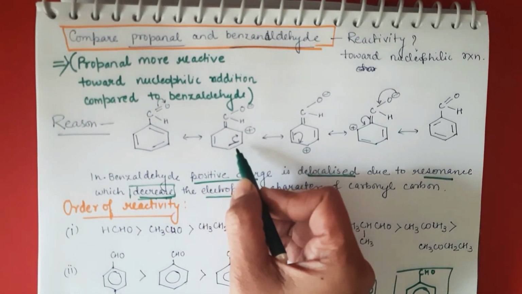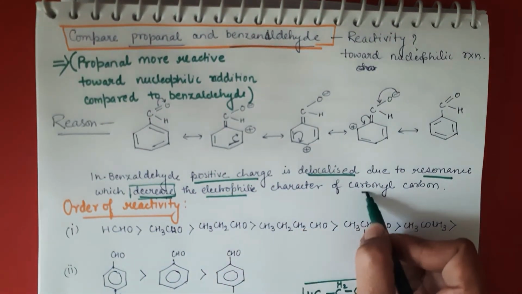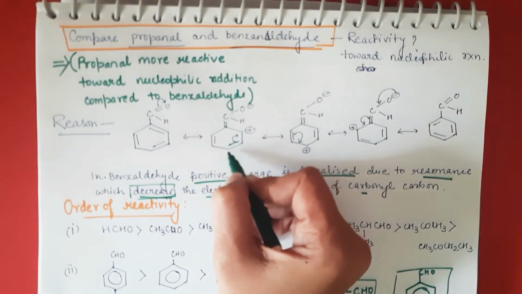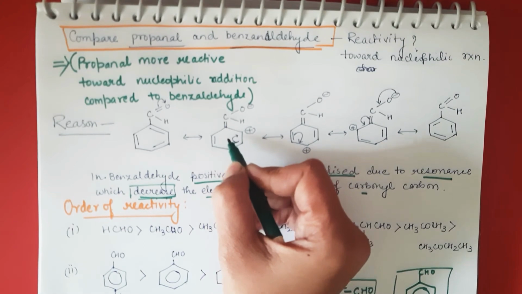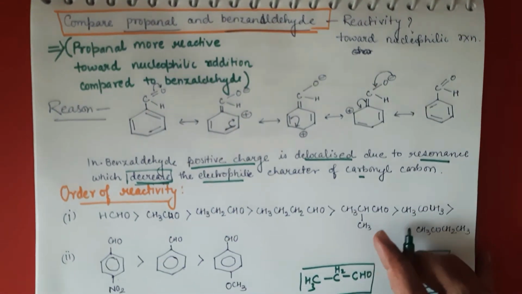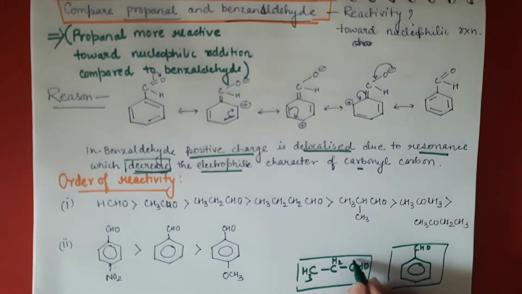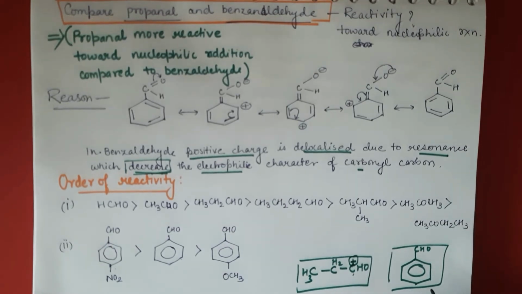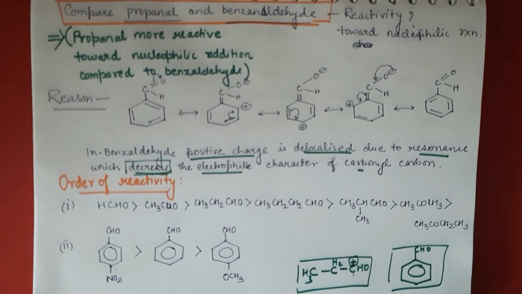This decreases the electrophilic character of the carbonyl carbon. But in case of propanal, the positive charge is localized on this carbon, so it reacts at a faster rate with the nucleophiles.